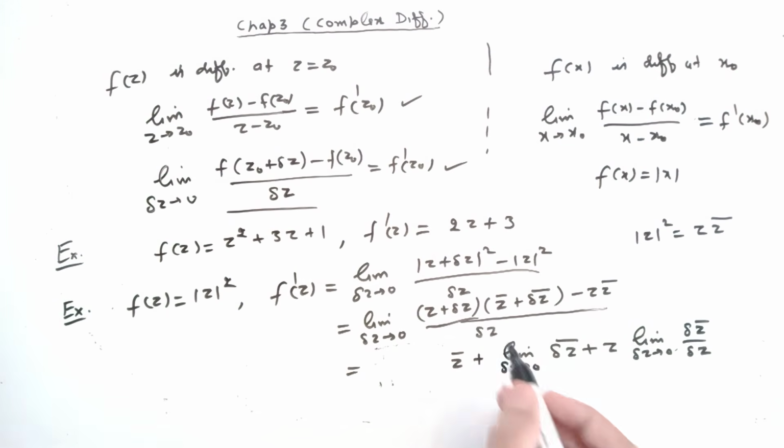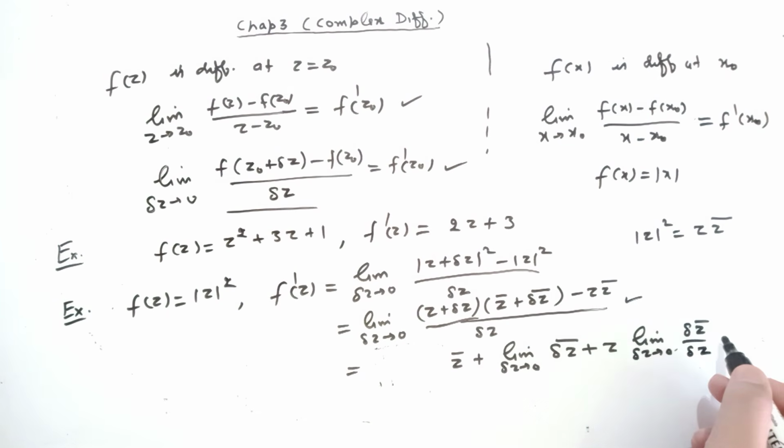You can check this yourself, from this you can reach this step. Now this limit is 0, of course, as delta z goes to 0. But this limit does not exist.